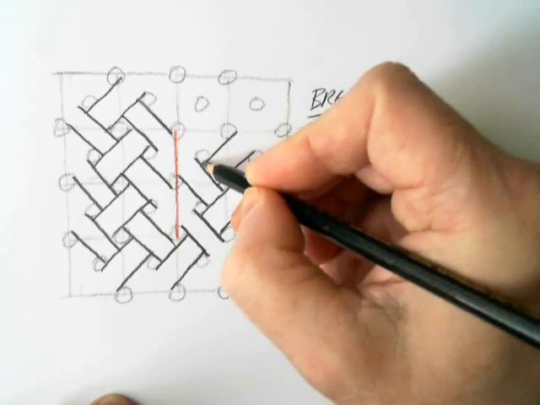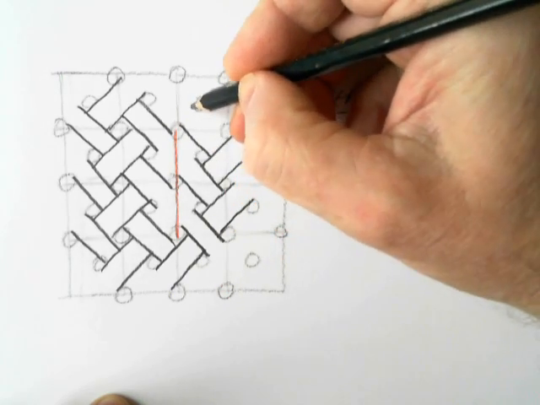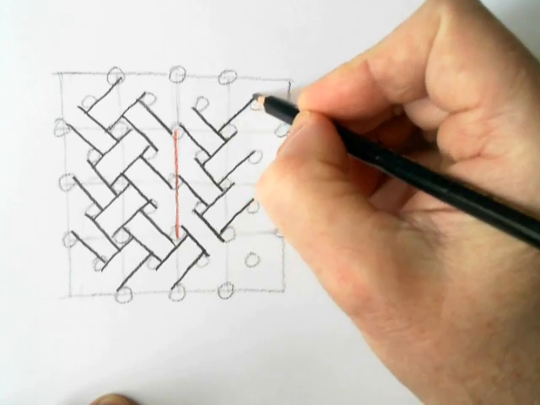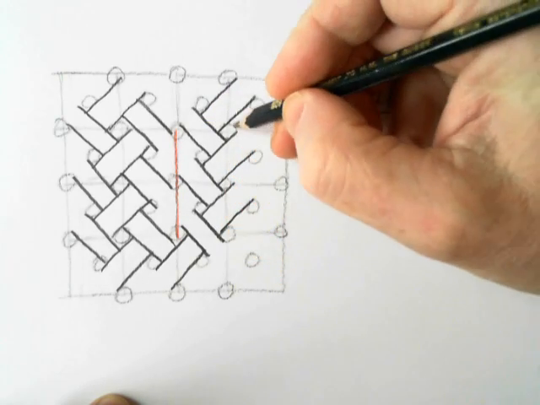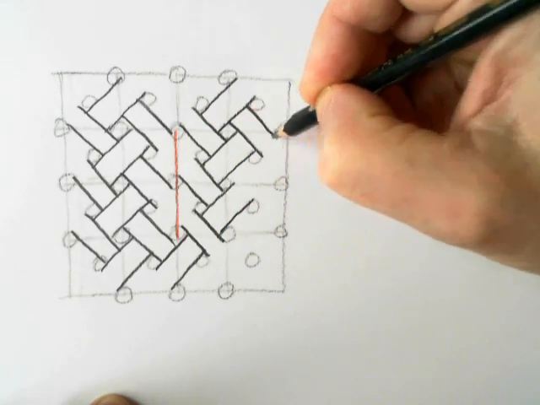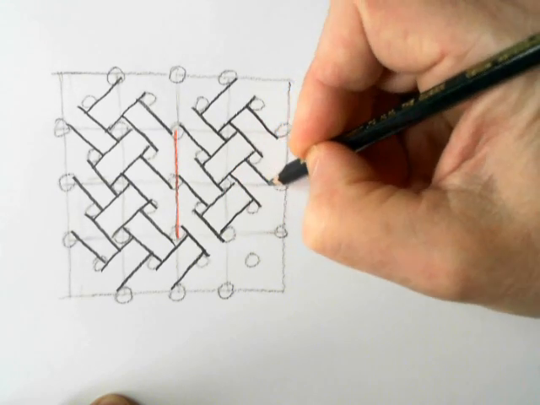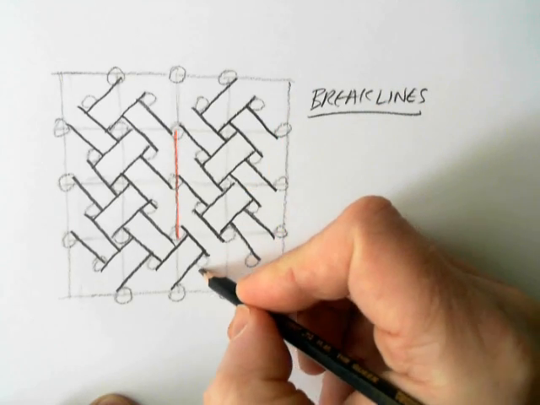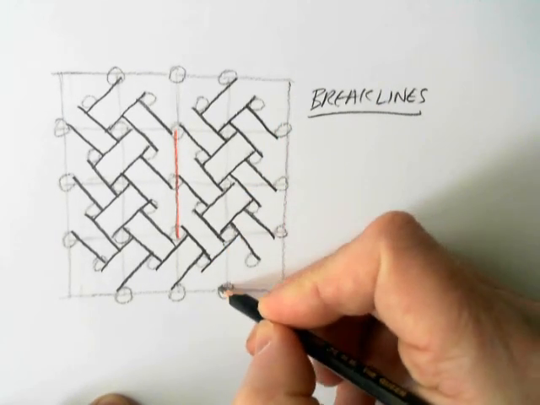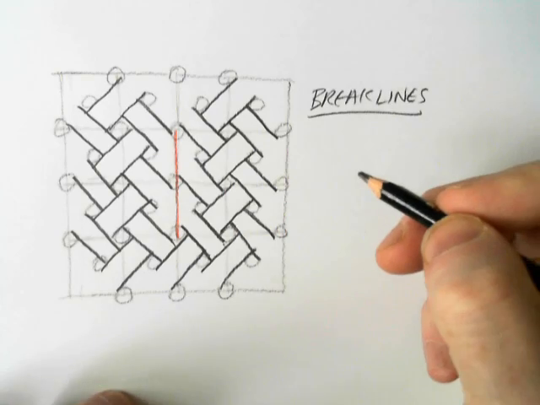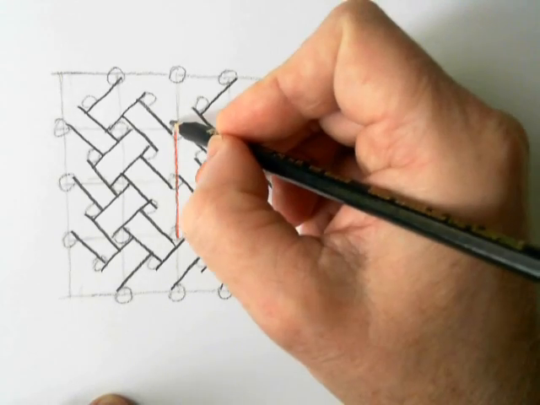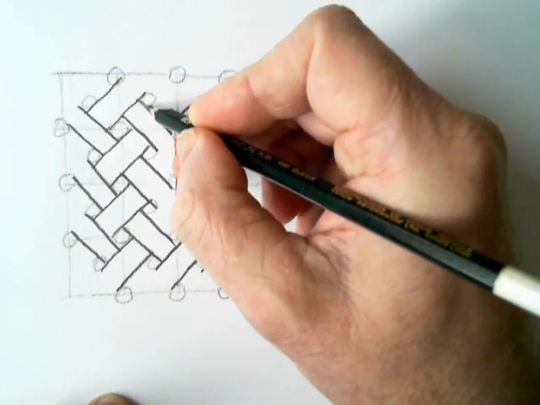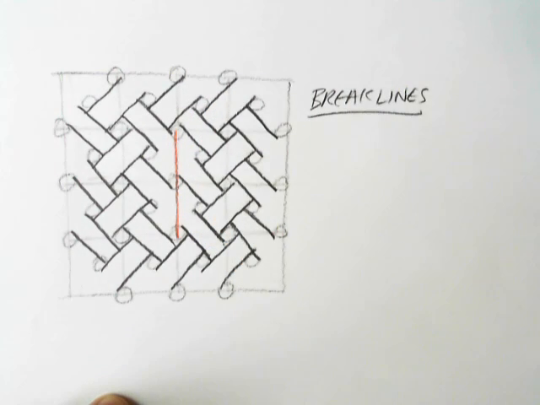Pair in there, pair in there, pair in there, pair in there. Okay. These aren't very well drawn, of course, because I'm doing it quickly, but you will be very much more careful than I am and take a lot longer about it.